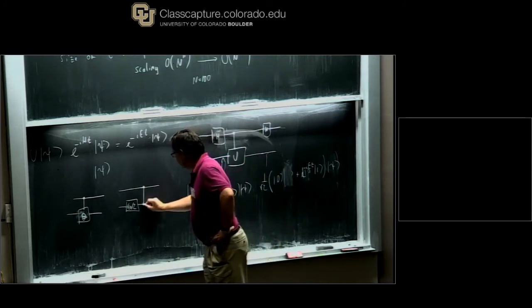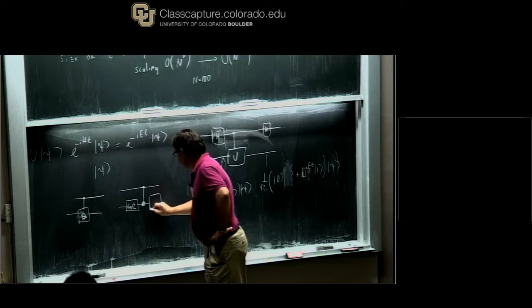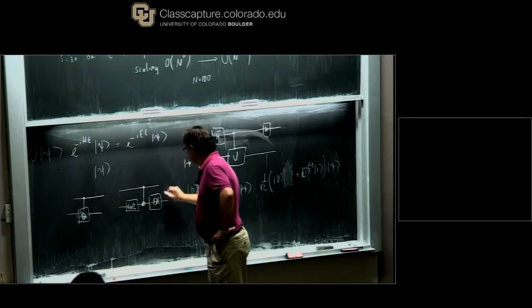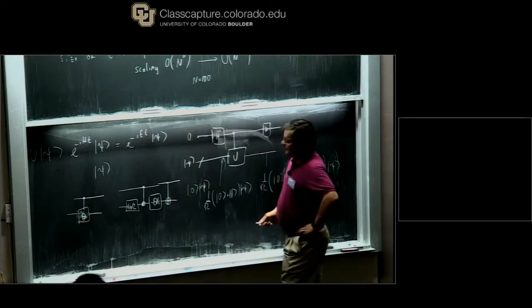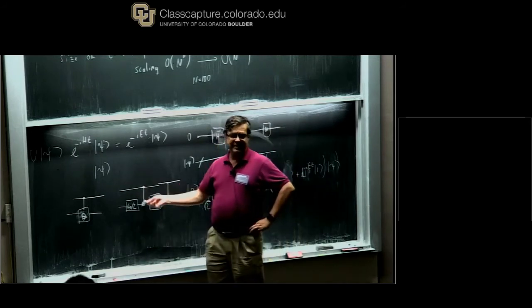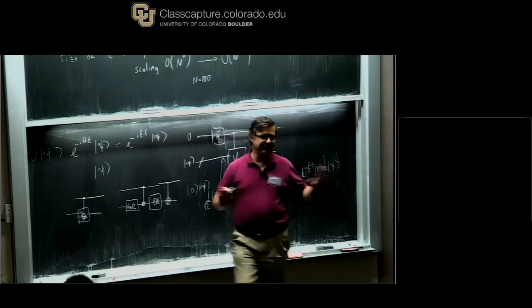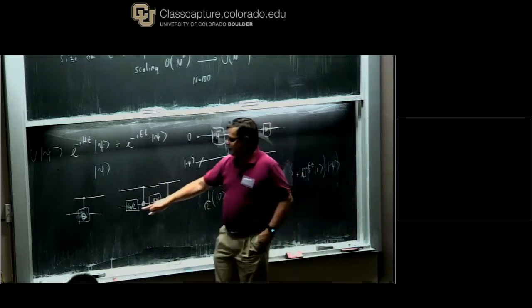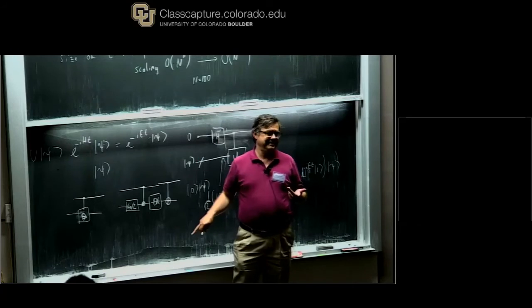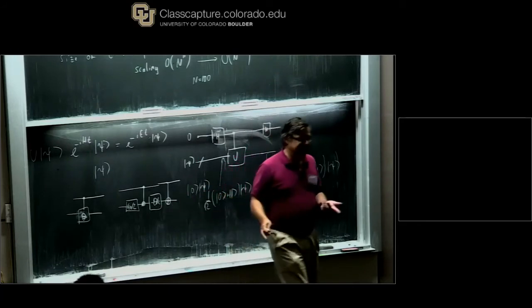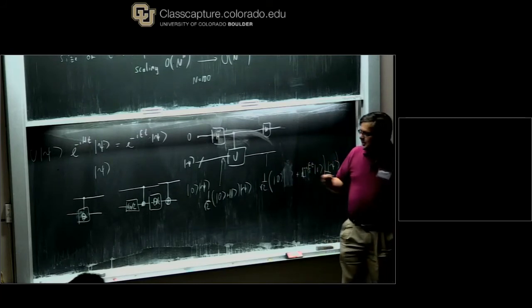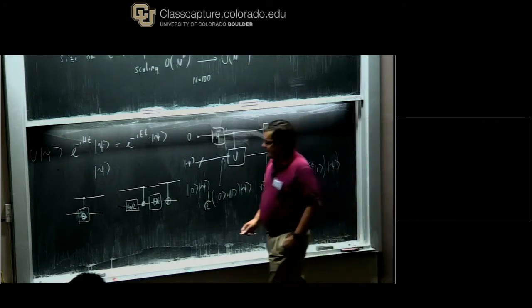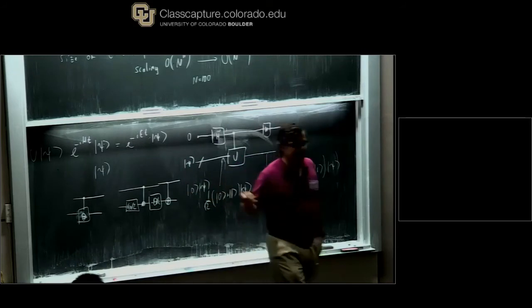Then I do a controlled not. Then I do a rotation by minus half the angle. Then again do a controlled not. What happens here? If the ancilla is 0, then nothing changes here. I rotate back, and I do nothing. If the ancilla is 1, then I rotate. I flip my qubit, and I rotate by minus the angle, which is again rotating by theta over 2 in the original basis, and then I flip it back. So every controlled rotation turns into 2 rotations.